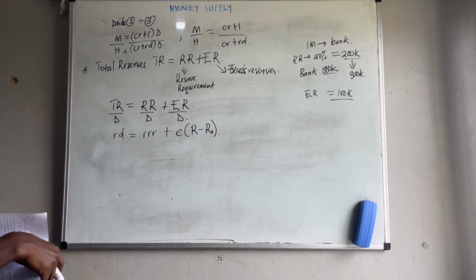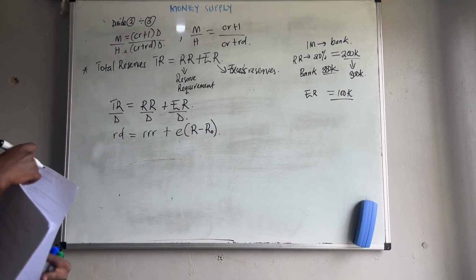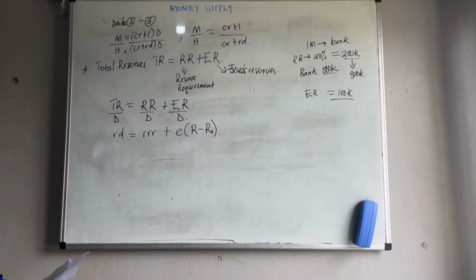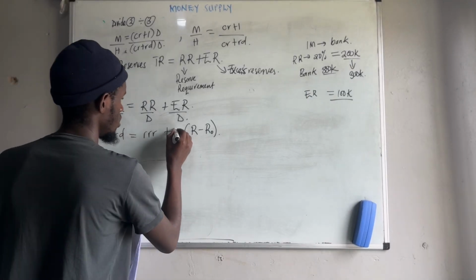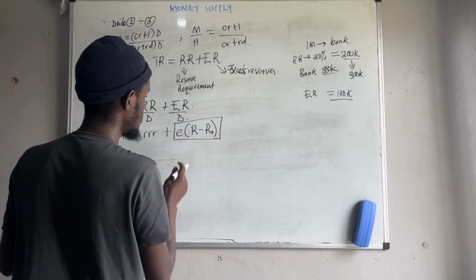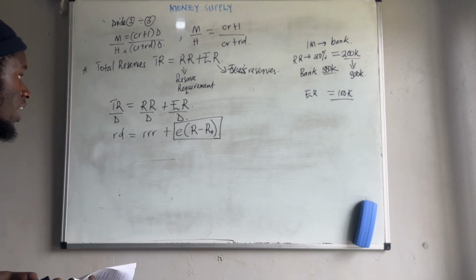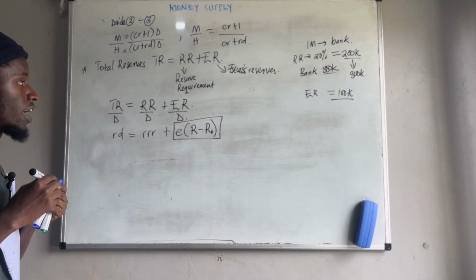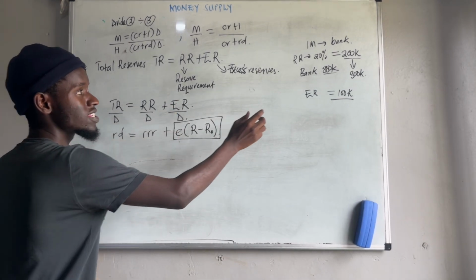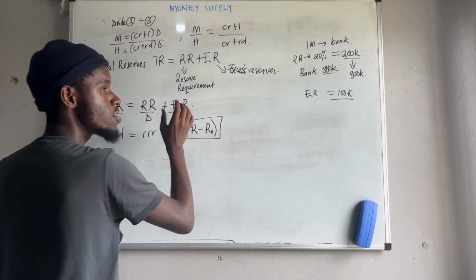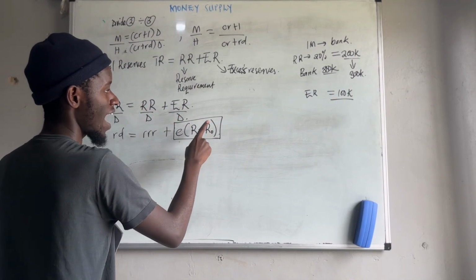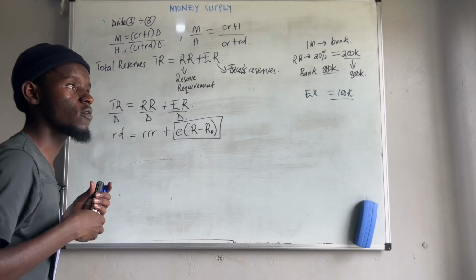Now let me explain this part on the lending rate and the reserve rate. We are saying the amount of this extra 100k will only depend on the lending rate and the reserve rate. In which way?